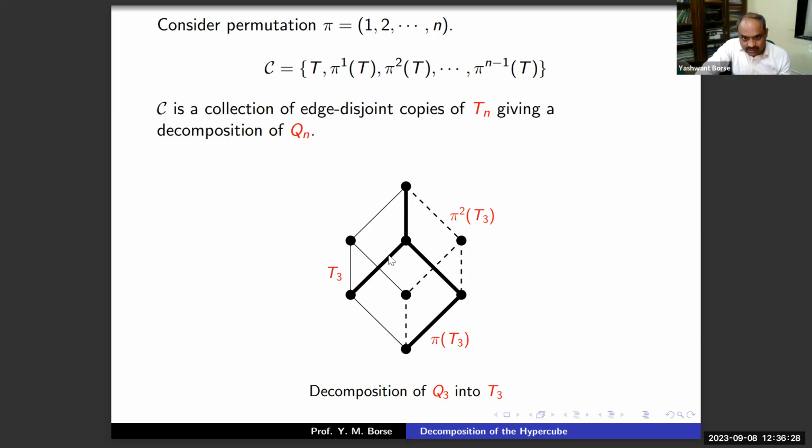This T3 is denoted by solid edges, and then pi T3 is denoted by bold edges, and the third copy is denoted by dotted edges here. So Q3 is decomposed into 3 copies of T3. This decomposition is given here.